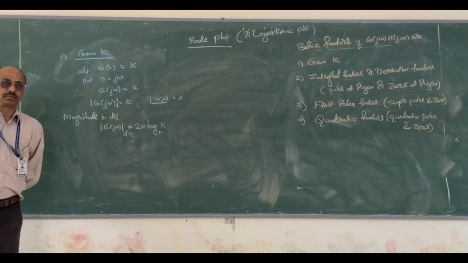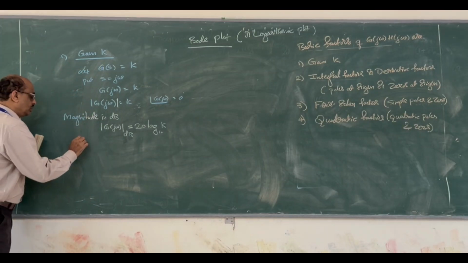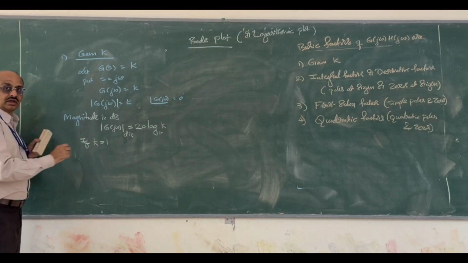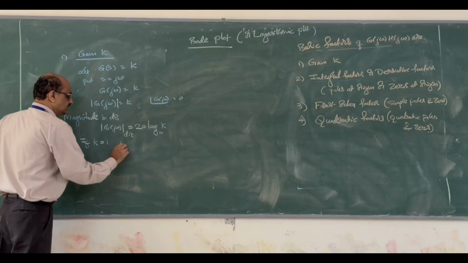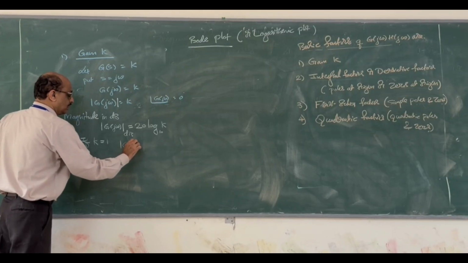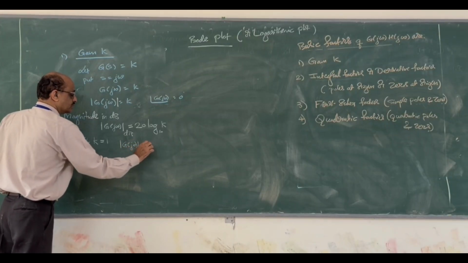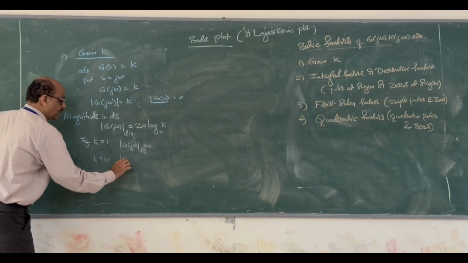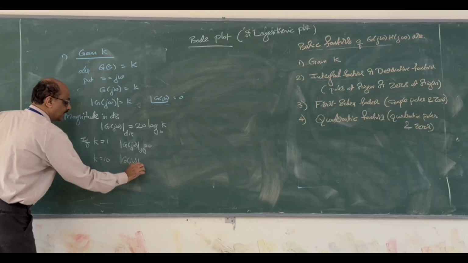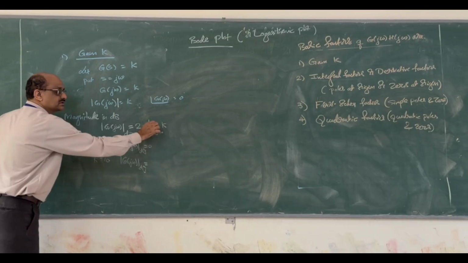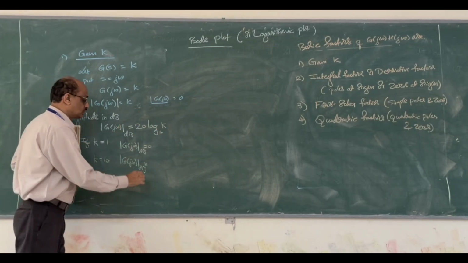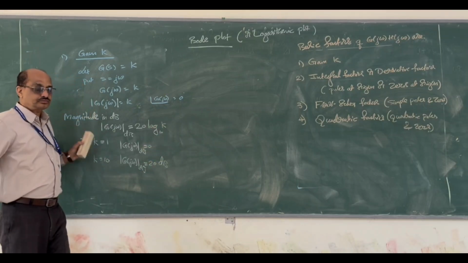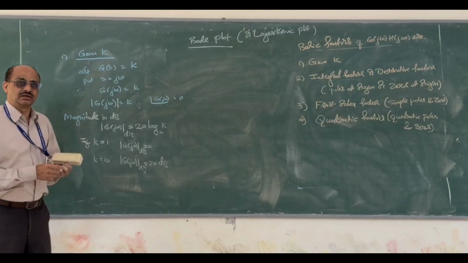Now it is very simple. If k is equal to 1, take your calculator and see that G of j omega dB is equal to 0. If k equal to 10, log 10 is equal to 1, so it is 20 dB.